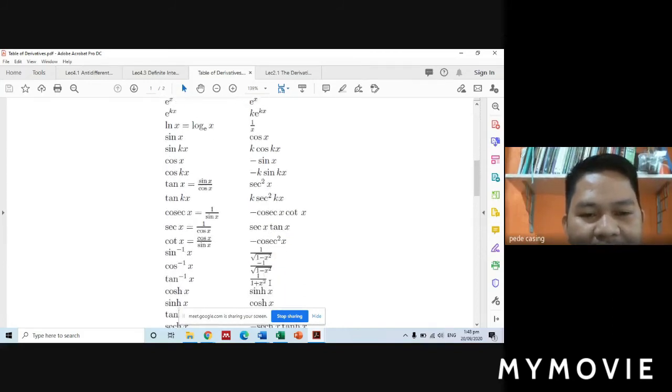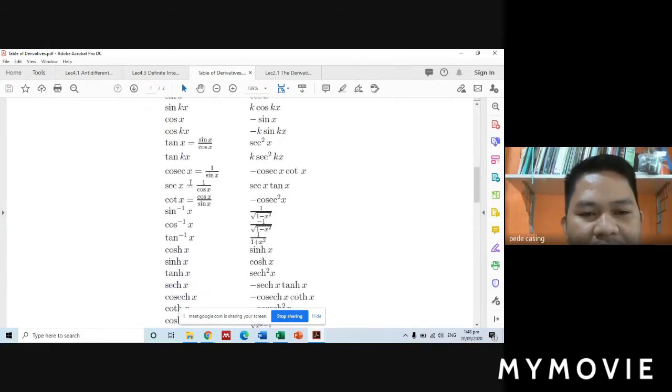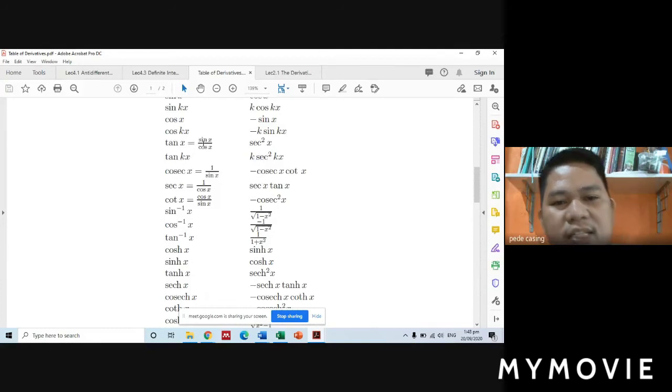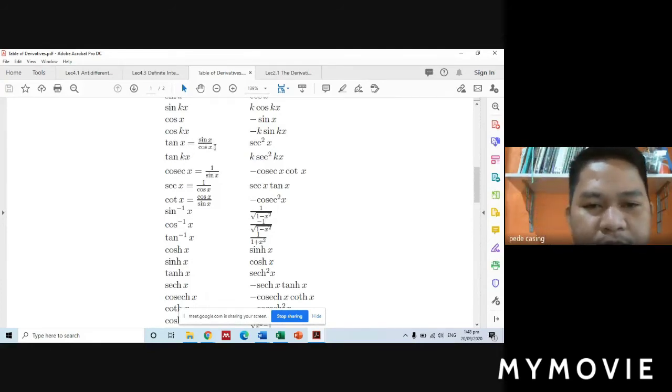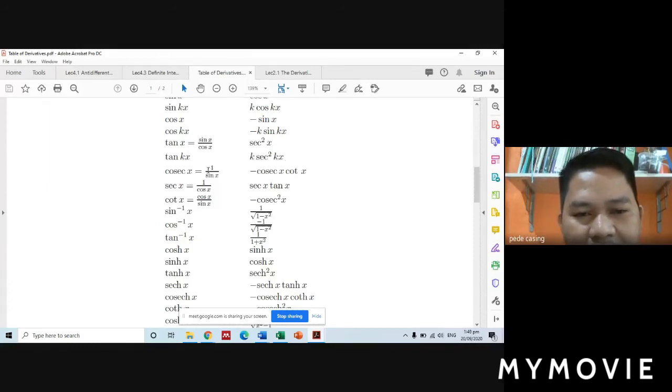Then we have tangent. Tangent x is equal to sine x over cos x. The derivative is secant squared x. This is a review. Tangent kx, that is k secant squared kx. So take note of these differentials or derivatives.